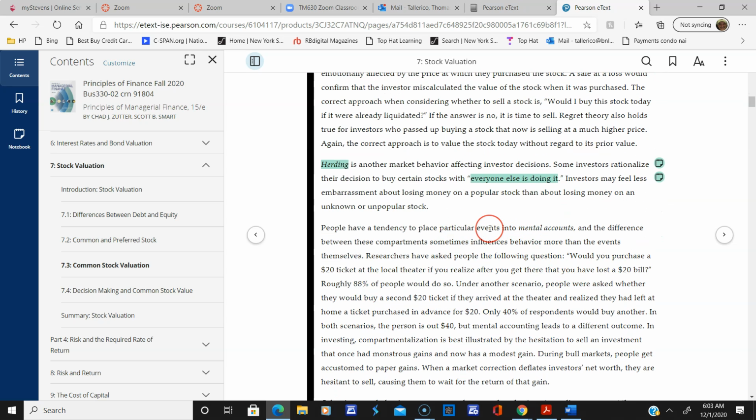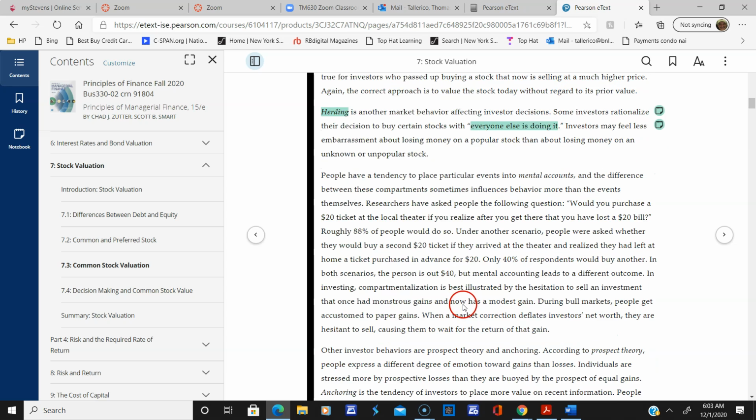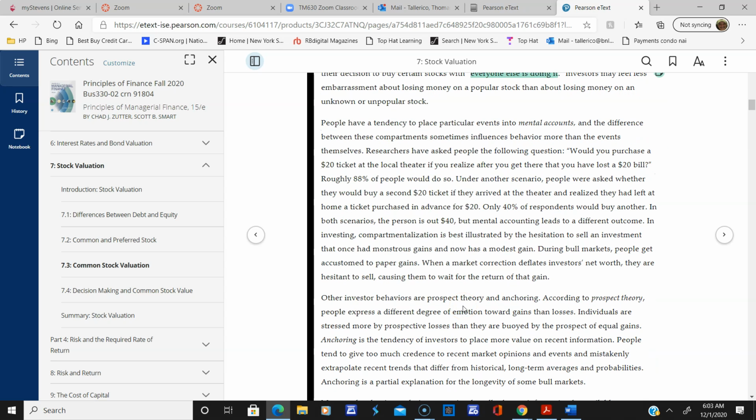People place particular events into mental accounts. There's a lot of research that's done on people. You know, there's a lot of mental stress.